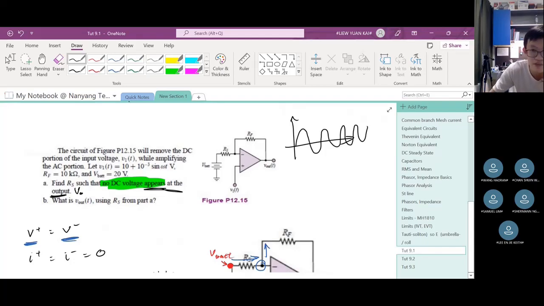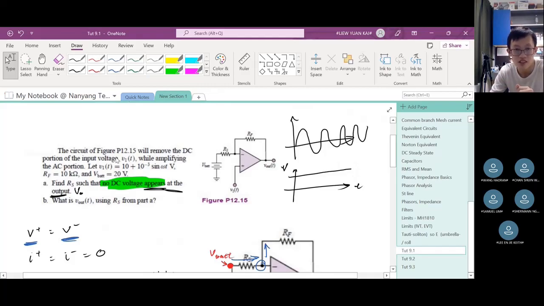How will a DC appear? A DC, when you graph it out, voltage against time, should just look like a constant value. DC means direct current, it's not changing, but AC is changing direction, so it goes back and forth. So for DC, the value of the voltage is constant, correct?